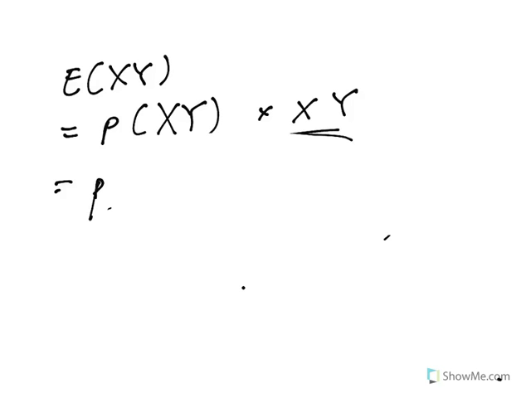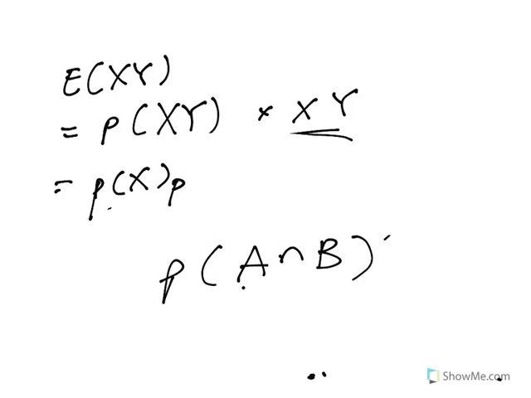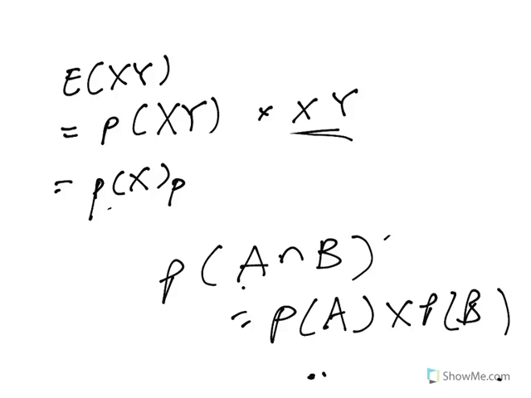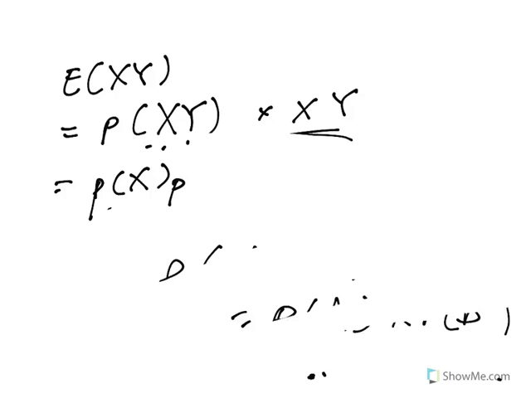Independent means what? Probability of xy is the same as... Hey, we just did the probability tutorial today. Come on. If A and B are independent, probability of A intersect B is just probability of A times probability of B. It means x and y happening together.